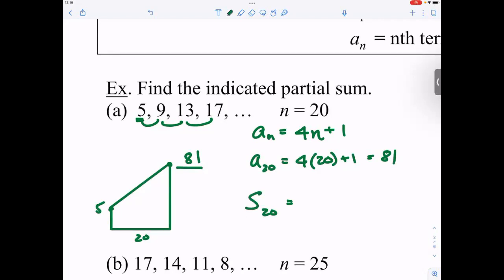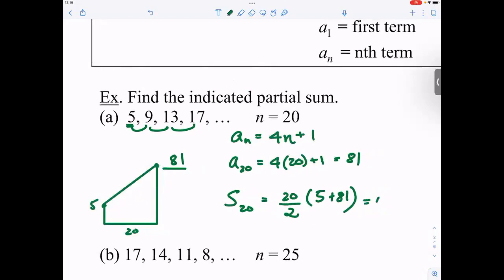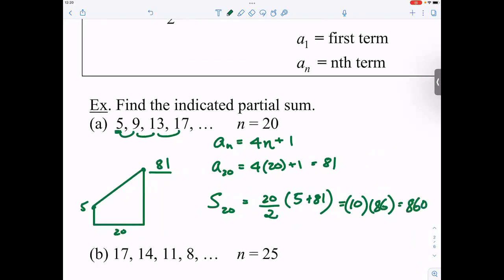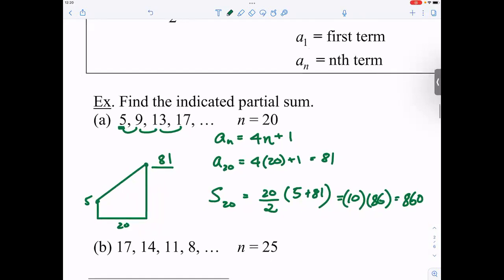It's equal to 20 over 2 times 5 plus 81. I don't think you need a calculator for this one because 20 divided by 2 is 10, and 5 plus 81 is 86. So the total is 860. Okay, 860.